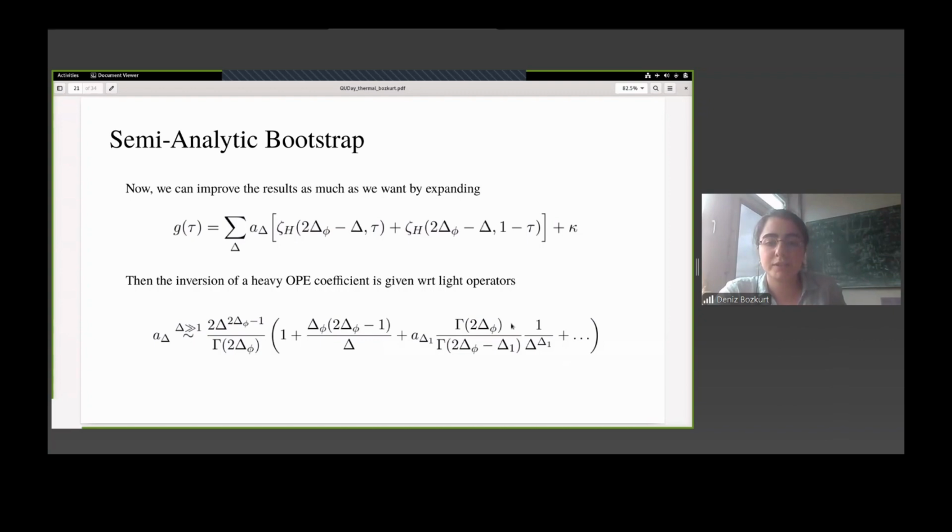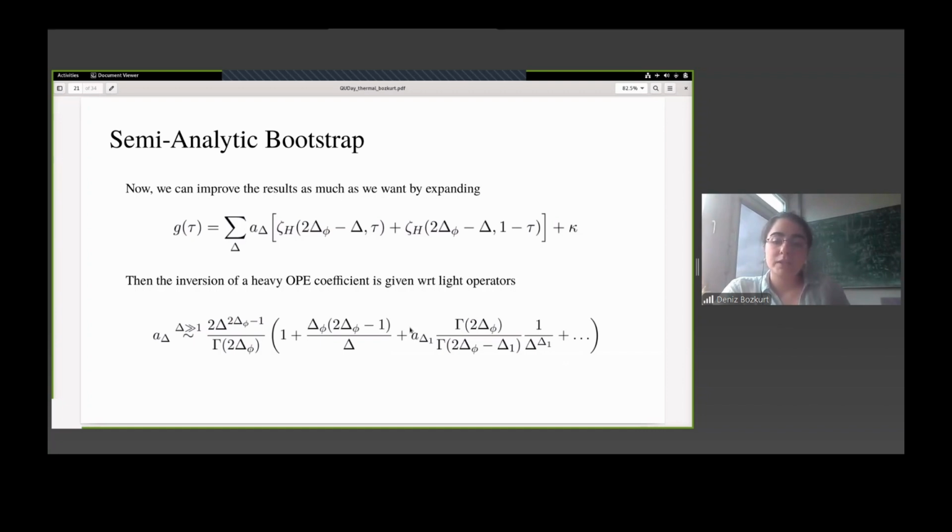Here I just give you a couple of them, such that the coefficient that needs to come with this leading correction is given here, and then you can add as many light operators as you want, do the same inversion procedure, and get the corrections in terms of the scaling dimensions and OPE coefficients of the other light operators.